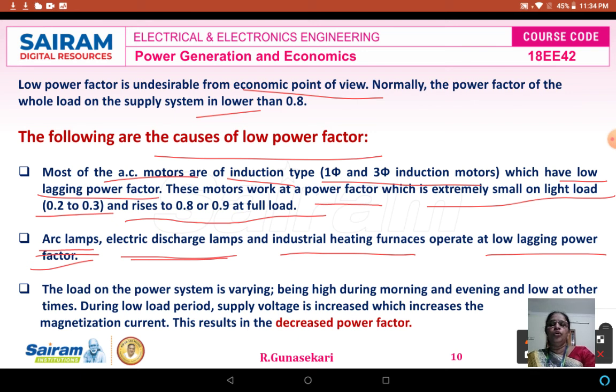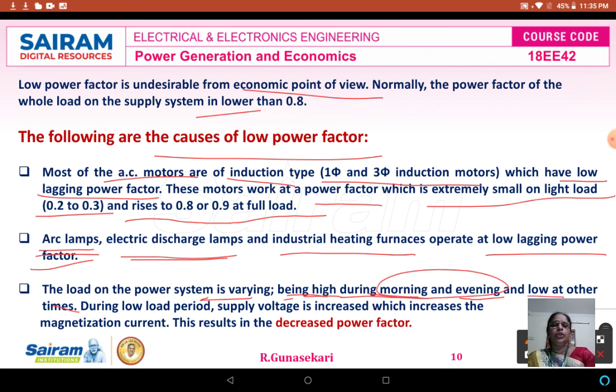And then the load on the power system varies; it is not constant for the entire day. For example, during morning the load is high, and in the evening also the load is high. At other times, except morning and evening, the load is low.